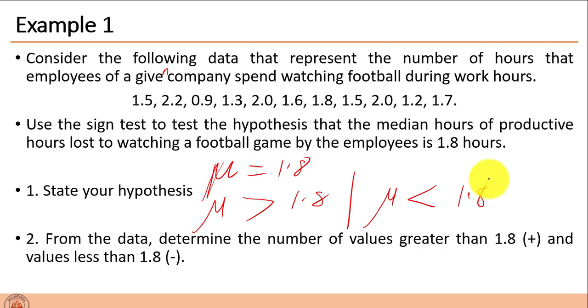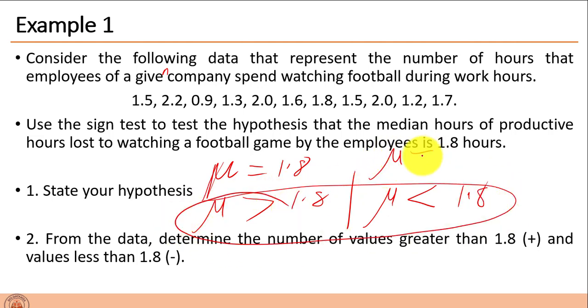Okay, so from the data we determine the number of values greater than 1.8 and values that are less than 1.8. So in short, we are going to consolidate these two to say that our alternative is mu not equal to 1.8. Look at 1.8 and look at the numbers that we have here.